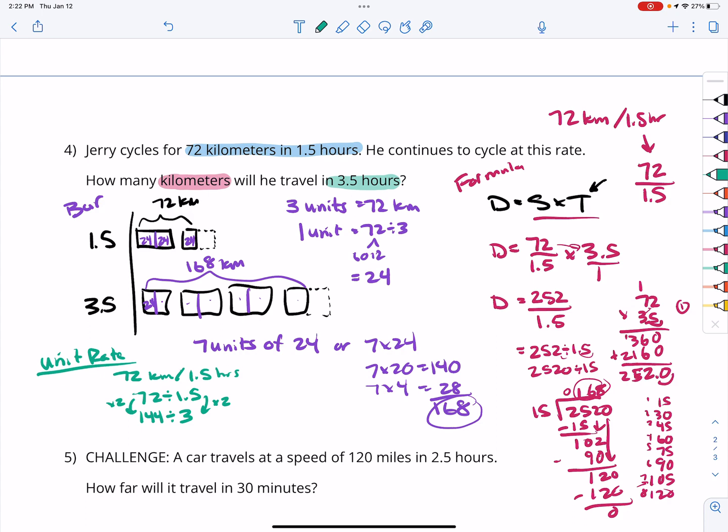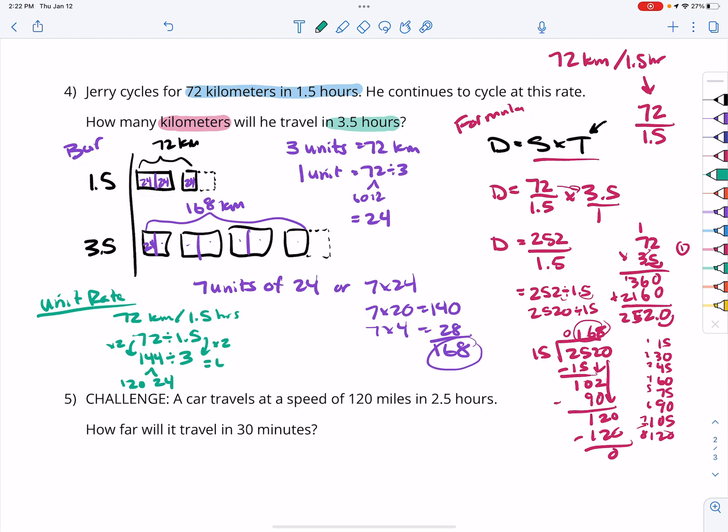So 144 is going to be 120 and then 24. And I know 120 divided by 3 is 40, and 24 divided by 3 is 8. So that's 48. So this means that Jerry cycles at 48 kilometers per hour.